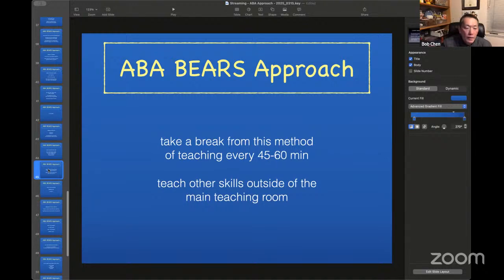Then what we like to do is we take a break for the child every 45 minutes to an hour. And that break is not for them just to rest. That break is to take them out of the room that we've been sitting in, out of the room where most of the teaching has occurred, get them outside, get them around the house and working on other skills.